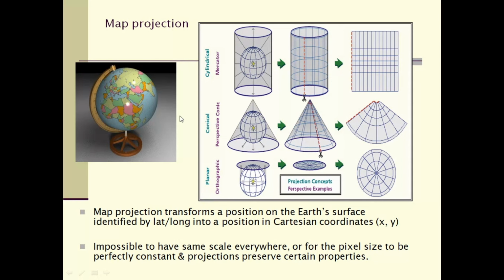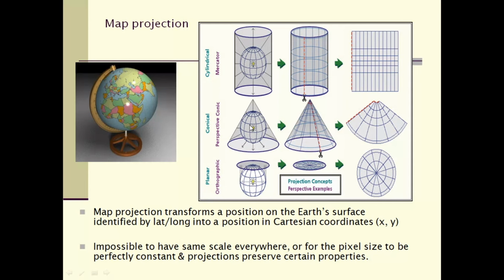In the case of cylindrical, features near the equator have less distortion, whereas features away from the equator have more distortion. So we use this type of cylindrical projection for measurement of features near the equator. Then a conical or cylindrical projection system must be used.